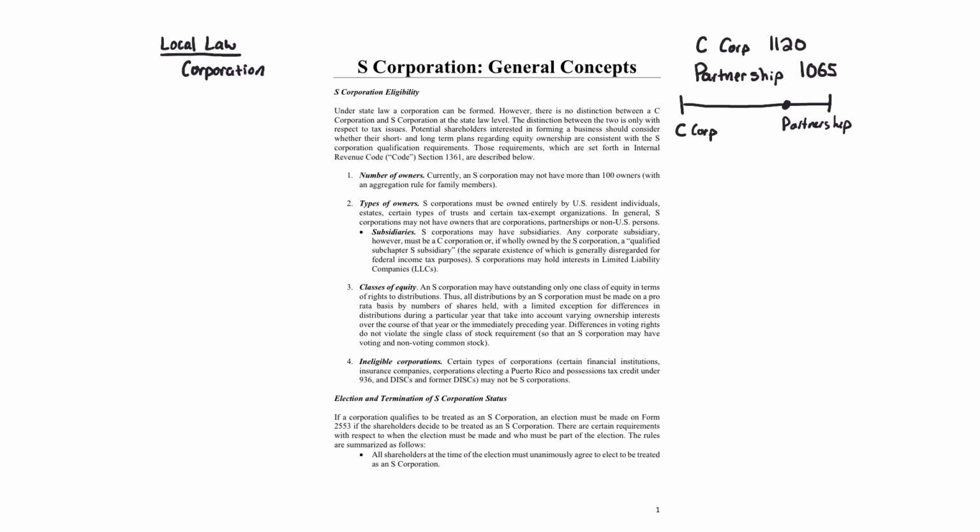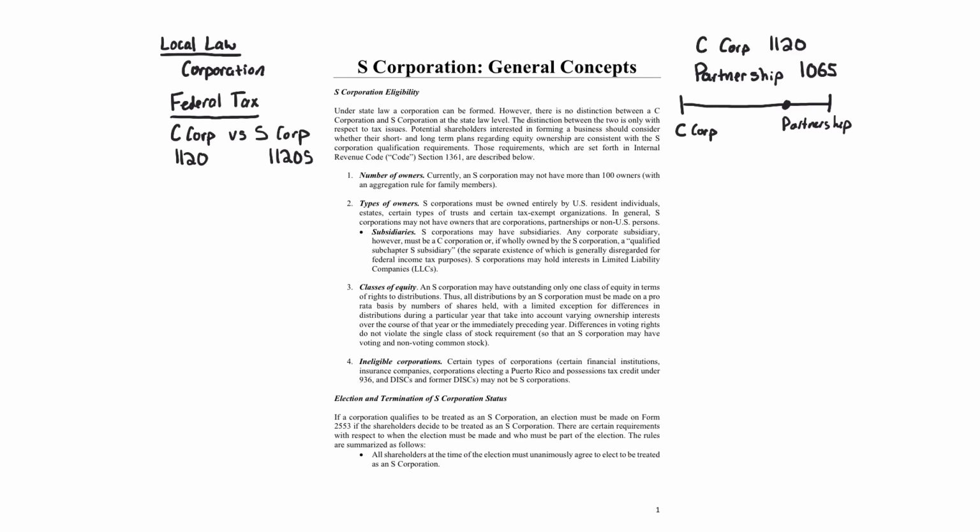So C versus S corporation is a tax distinction, specifically a federal tax distinction. Under federal tax law, C corporations are different than S corporations. Again, C corporations file Form 1120, S corporations file Form 1120S. And as I mentioned, there are elements that make it somewhat of a hybrid between the partnership and a C corporation.